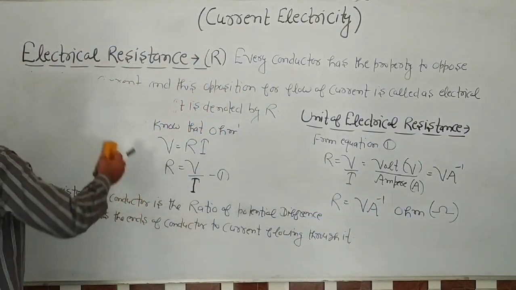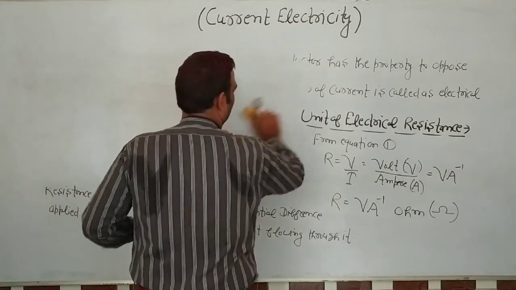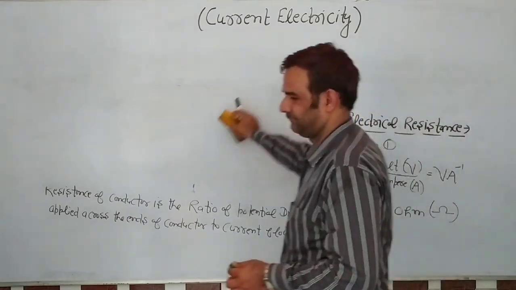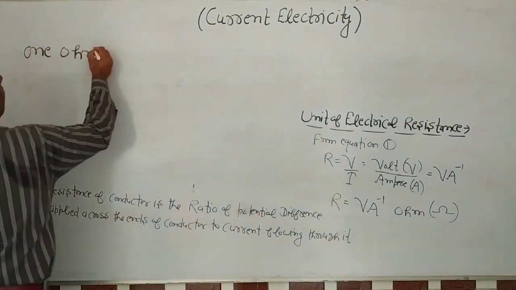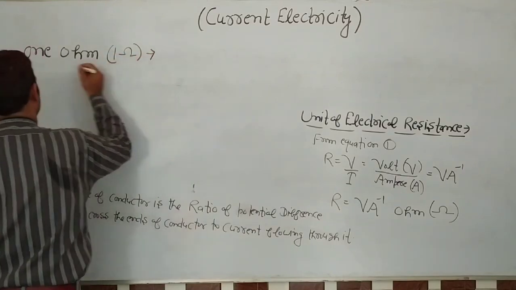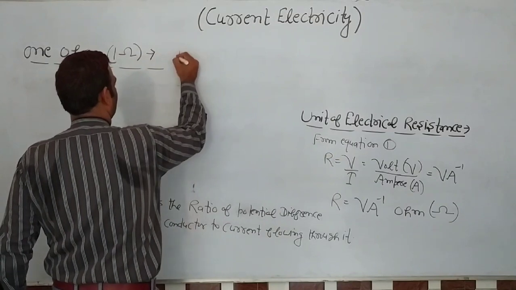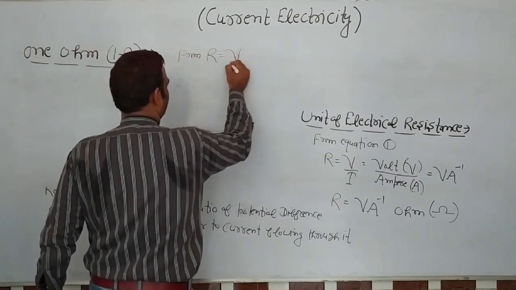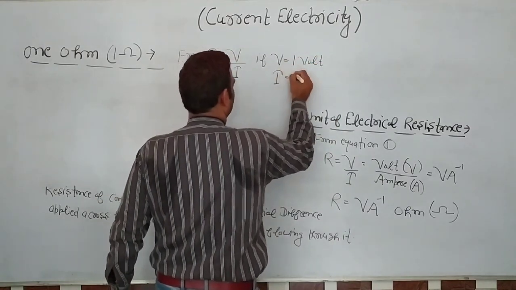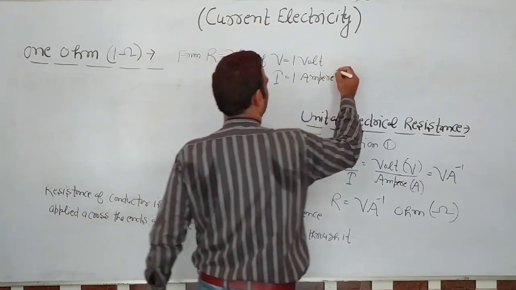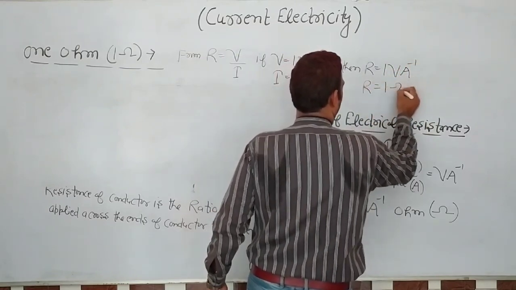Clear? Now define 1 ohm. From this equation, R is equal to V upon I. If V is equal to 1 volt and I is equal to 1 ampere, then R is equal to 1 volt per ampere, R is equal to 1 ohm.